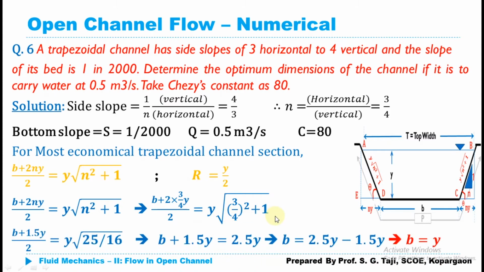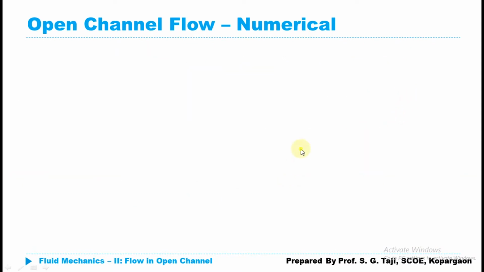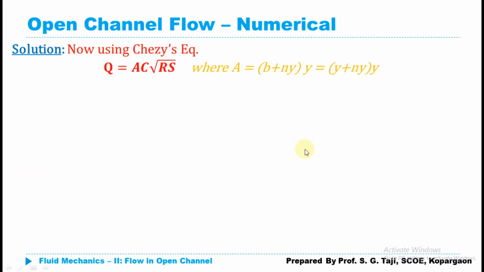By simply calculating, I get the final equation in terms of Y: B plus 1.5Y is equal to 2.5Y. So B is equal to 2.5Y minus 1.5Y, that is, B is equal to Y. So we get the bottom width of the channel and the depth of flow both equal for the given slope of the channel, that is 3 by 4. So we are simply going to put B equal to Y everywhere.